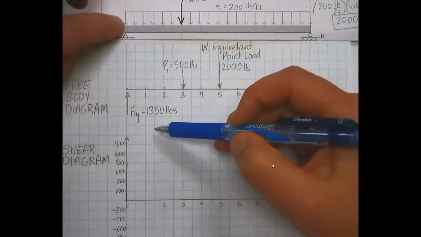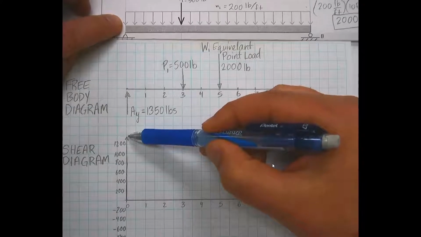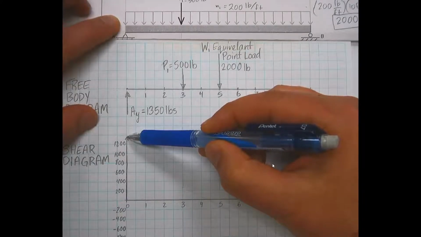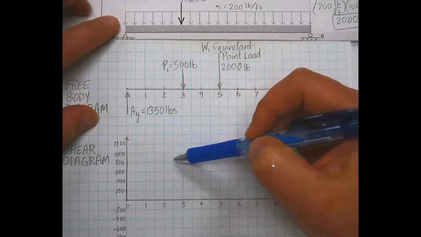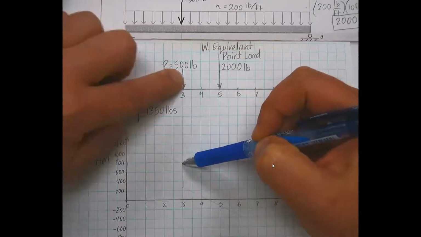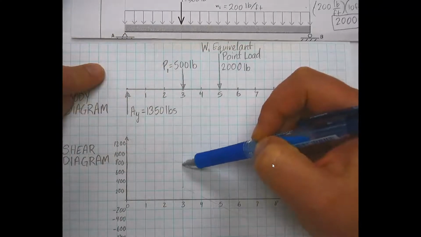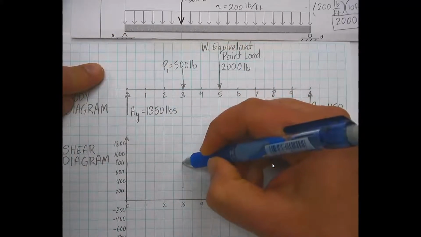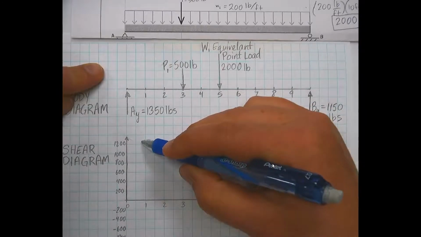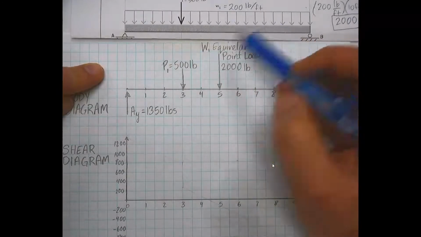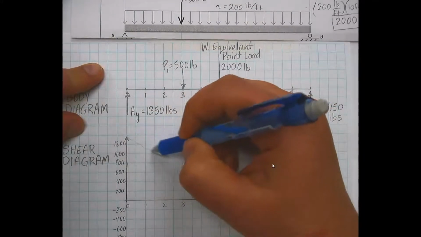Then, because we have a distributed load, that distributed load pushes down by 200 pounds per foot. So for every foot, we go down by 200 pounds. 3 feet in, we have that point load happening. So let's figure out where we are at 3 feet in. 3 times the negative 200 pounds per foot is what this line is going to look like.